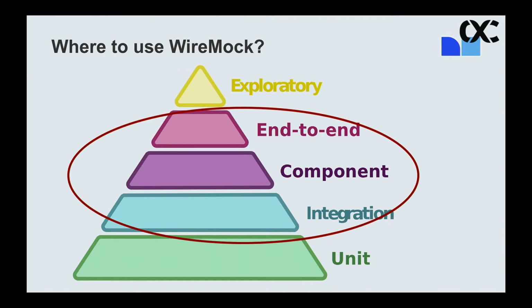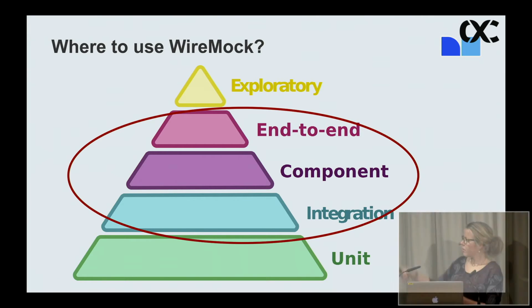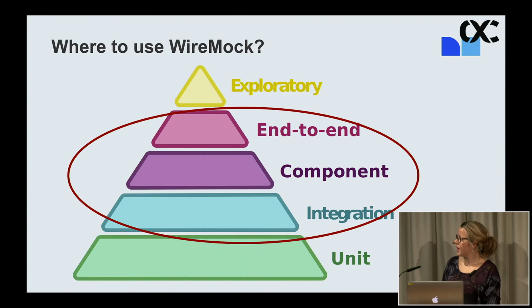So where can we use WireMock? In this test pyramid, we can use it in all the in-between layers here for integration between different services and to check one component.